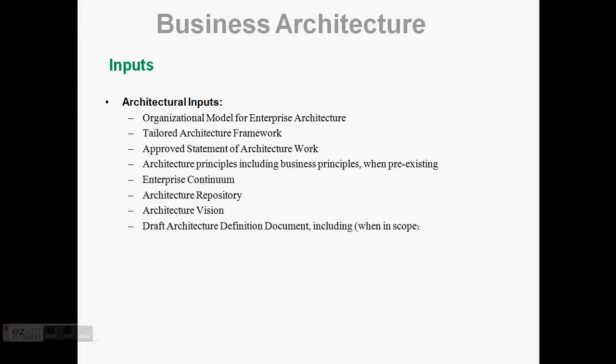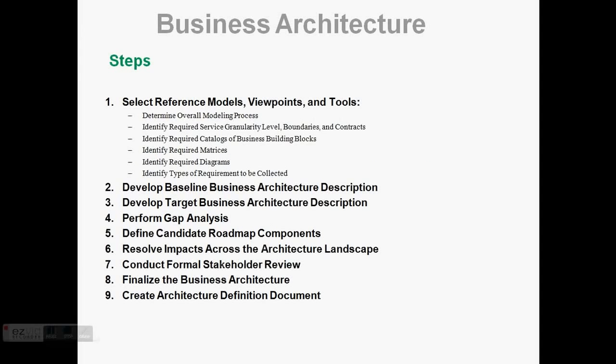The level of detail addressed in phase B will depend on the scope and the goal of the overall architecture efforts. New business processes being introduced as part of this effort will need to be defined in detail during phase B, this phase.